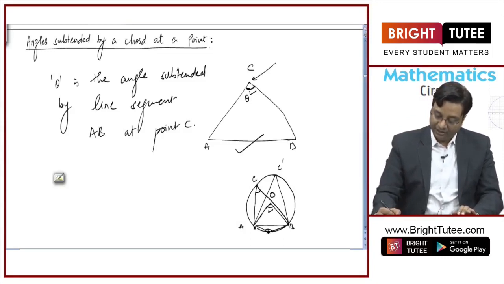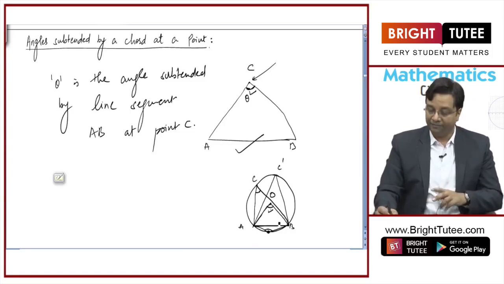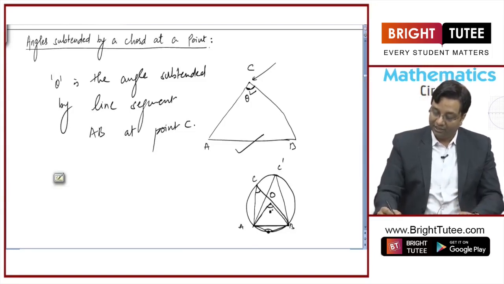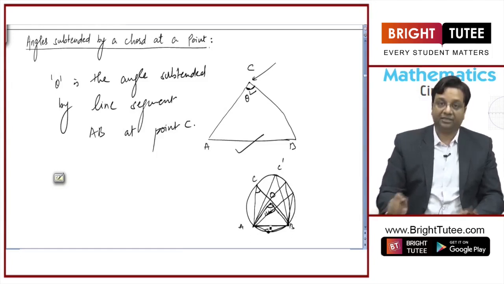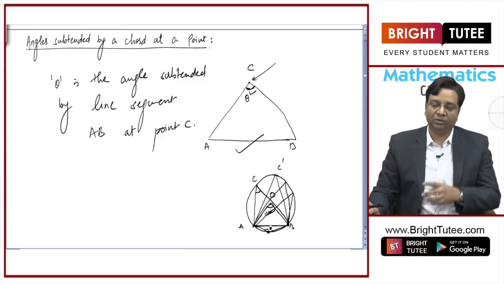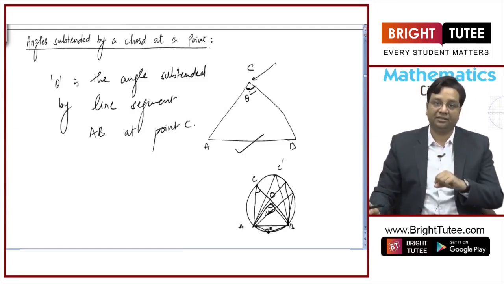If I specify chord AB, it will subtend this angle at the center and infinite angles in the major and minor segments. We will also learn about a relationship between these angles.